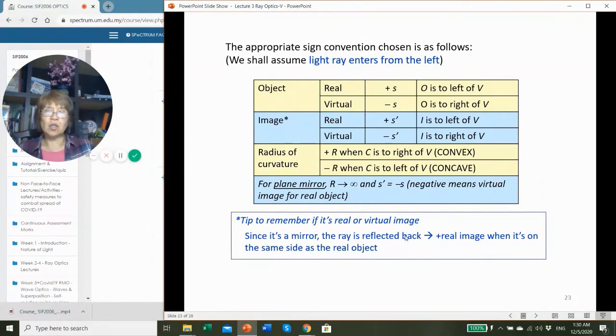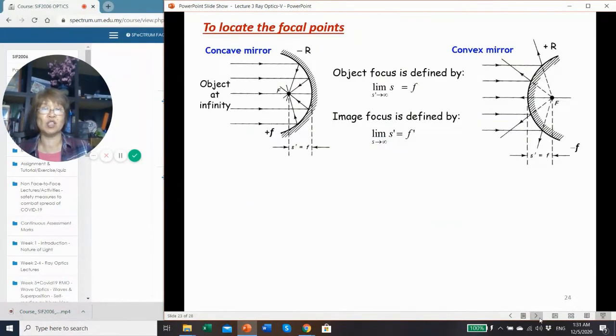Now, in order to remember whether it's a virtual or real image, depending on the mirror and the position of the object, it can be formed behind the mirror, so that's why that becomes virtual. If it's formed on the same side of the object, then it will be a real image.